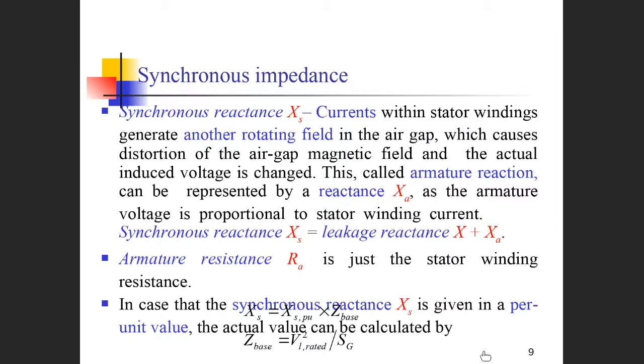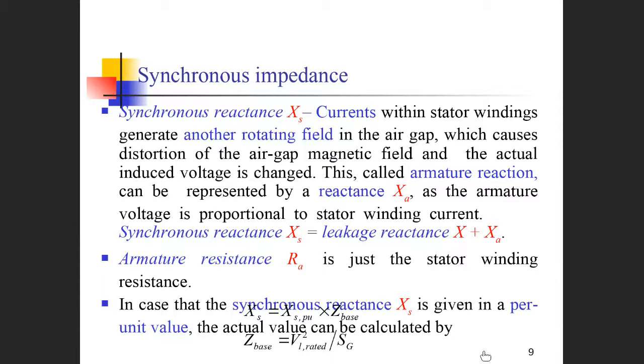Once you try to maintain the rotations, once you try to synchronize the rotations, this synchronizing is against the magnetic field produced by the armature coils. Such a process is the armature reaction against the synchronization. So that's why we call the armature reactance here the synchronous reactance.